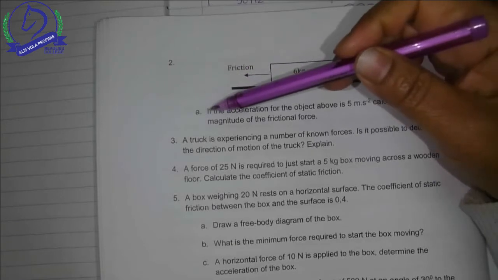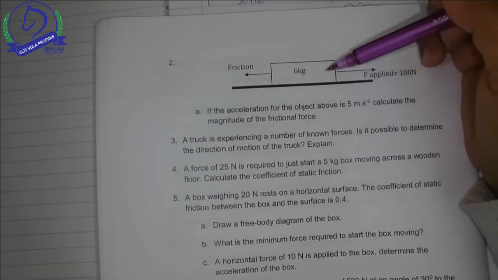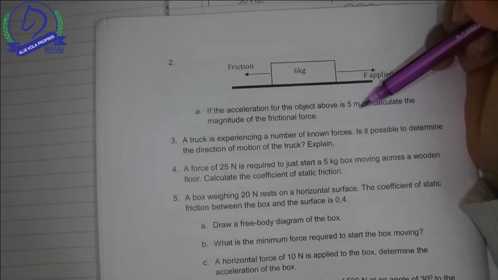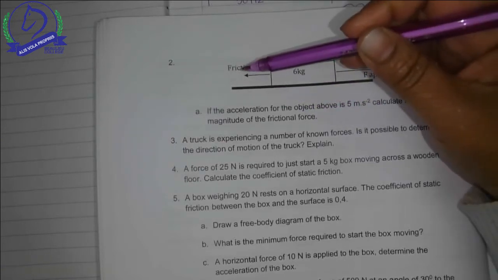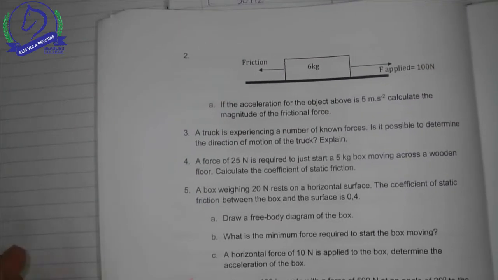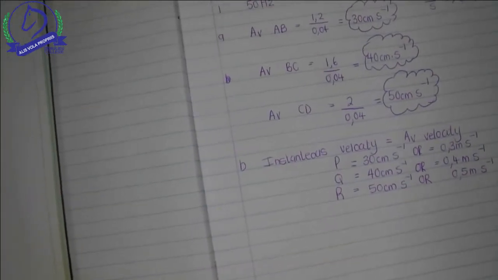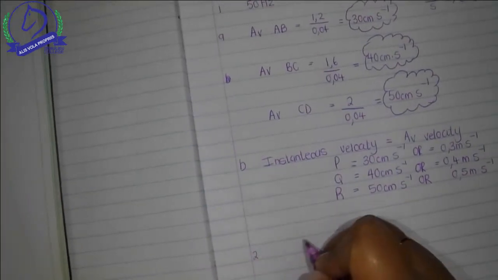Okay, so it says if the acceleration of the object above is 5 meters per second squared, calculate the magnitude of the frictional force.